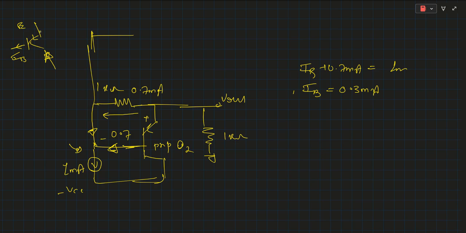So the collector current direction is this, the emitter current direction is this, and the base current flows in this direction.